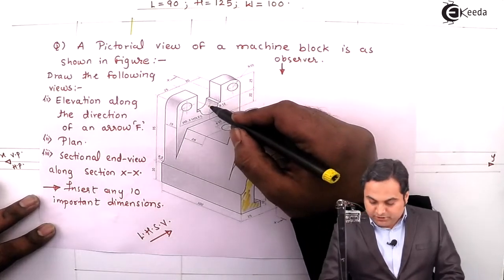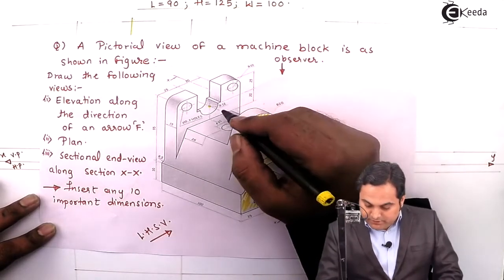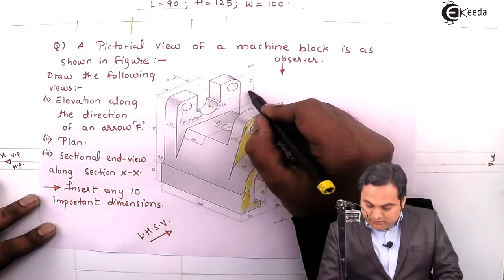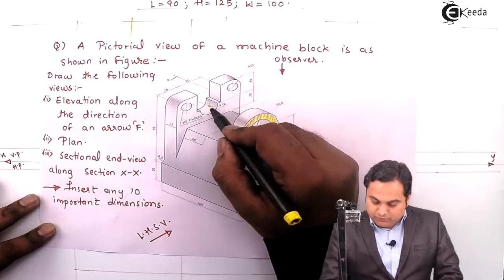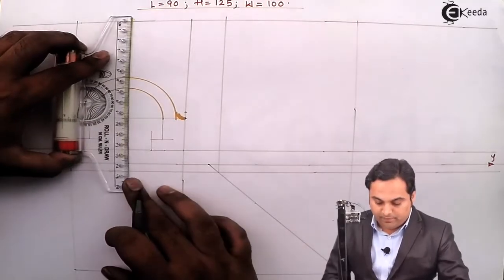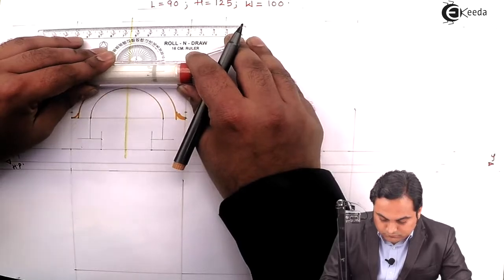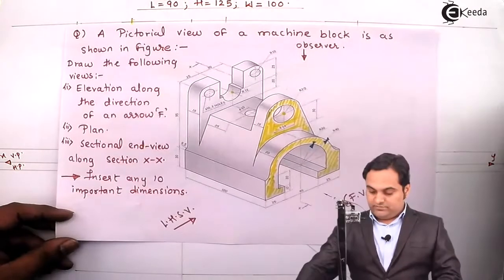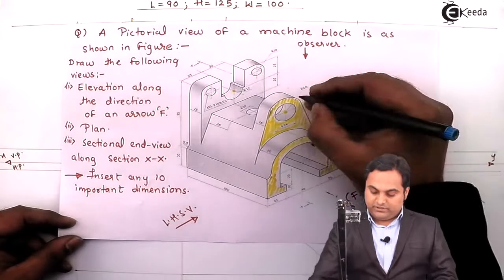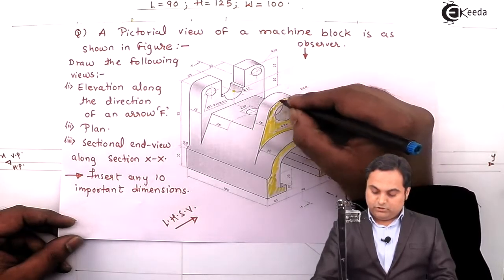So where the center of this portion is there, it is leaving 25 mm from top, measuring 25 mm. Drawing light line. Then the semicircle which is there on the outside, it has radius 20.